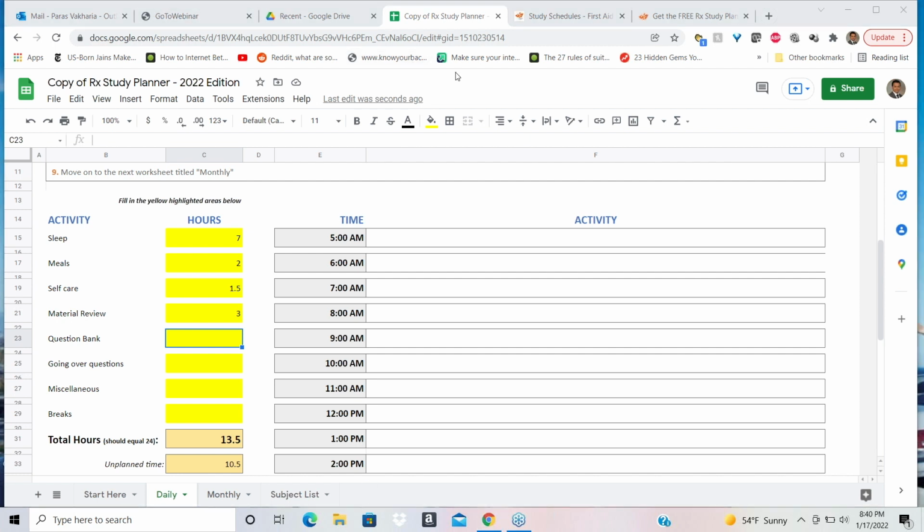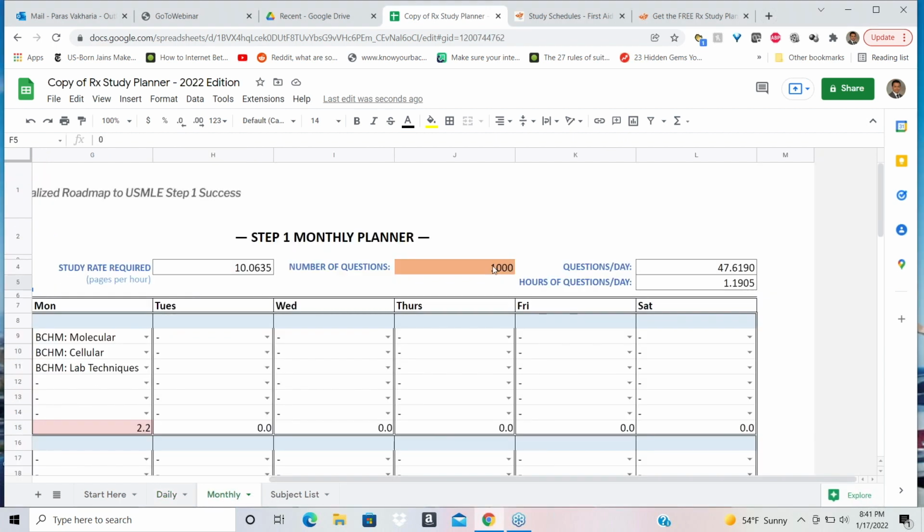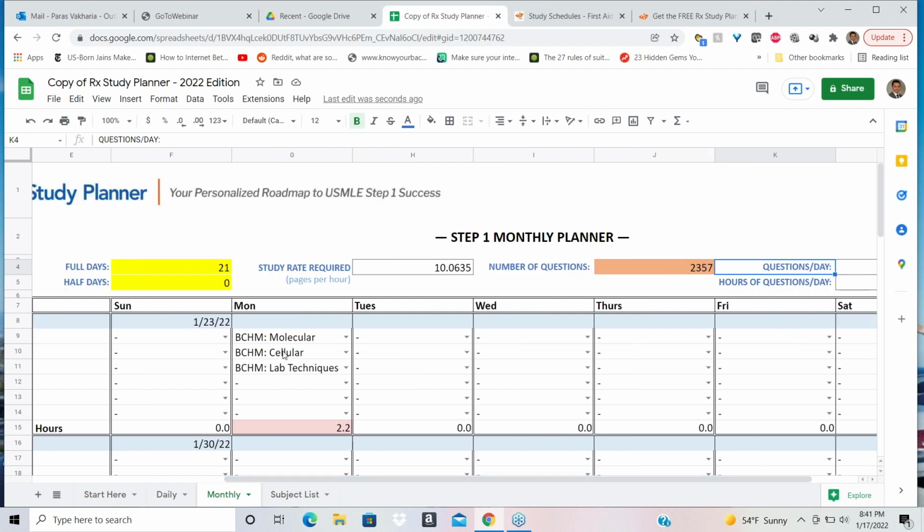So I'm just looking at the Q bank right now. Let's see. Easy, medium, hard. And it looks like there are 2,367 questions that I have to go through. And then I want to do those over a 6-week period of time.